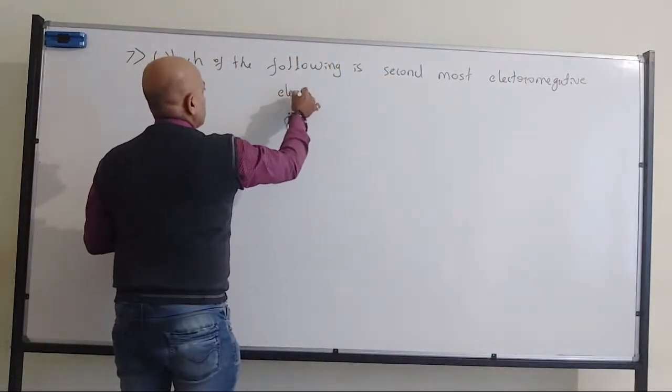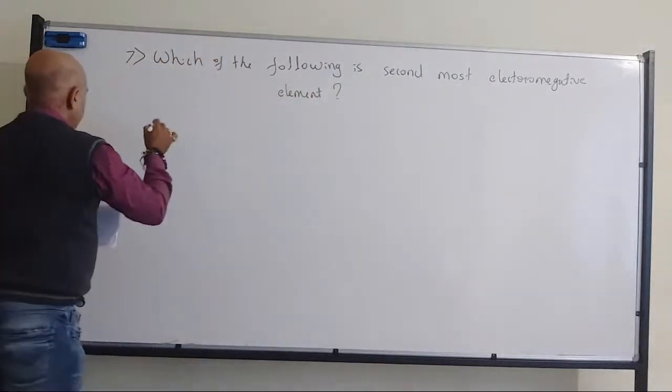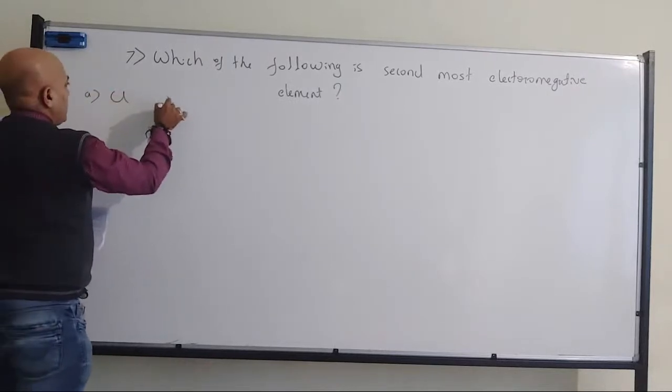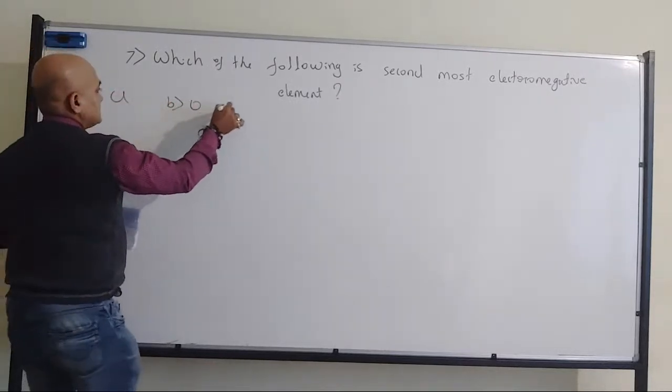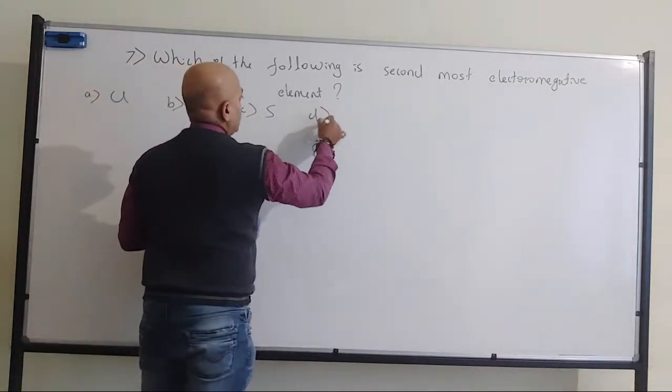Second most electronegative element. Okay. Now option A, chlorine. Option B, oxygen. Option C, sulfur. And option D, fluorine.